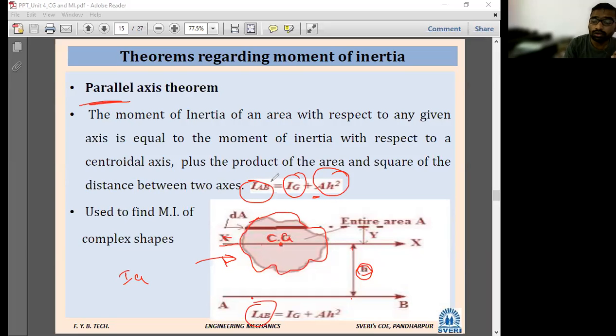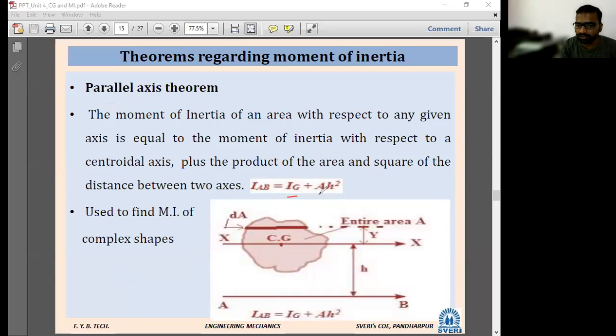Whenever you are solving any problem on moment of inertia, this formula is very, very important. IAB is equal to IG plus A into H square. What is IG? Moment of inertia about the centroidal axis. What is A? The area of that particular section.